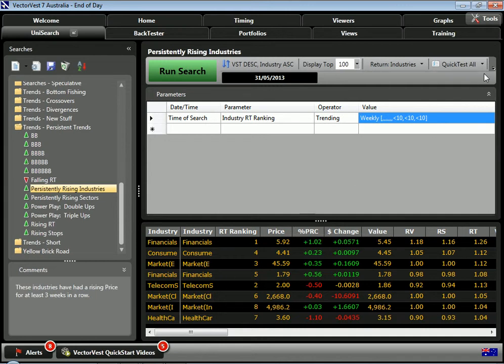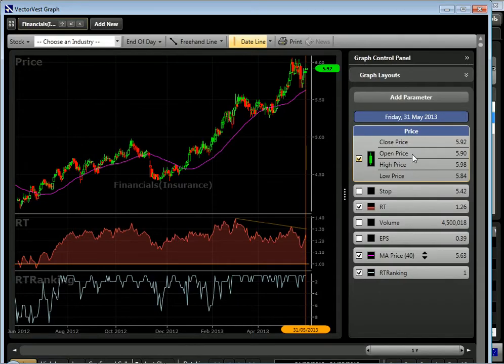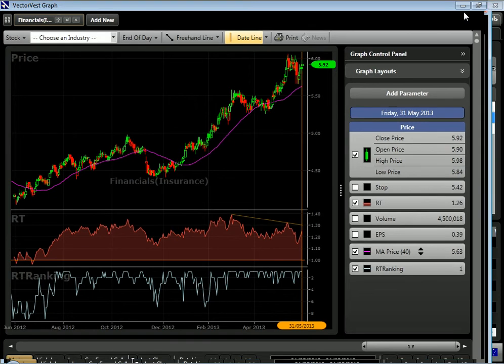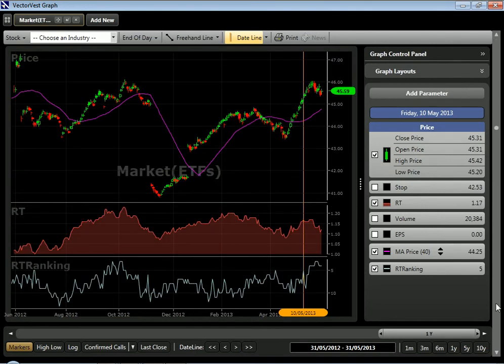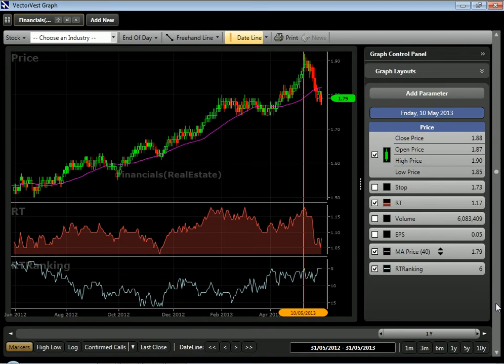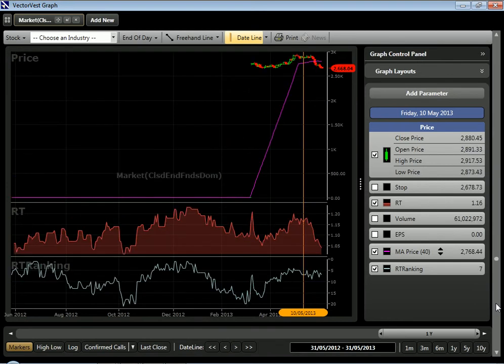If we graph them quickly, we can see their industry rank. And I'll move our date bar back 3 weeks. And we can see as we scroll through, they've all been above 10 for the past 3 weeks. So you get the idea.